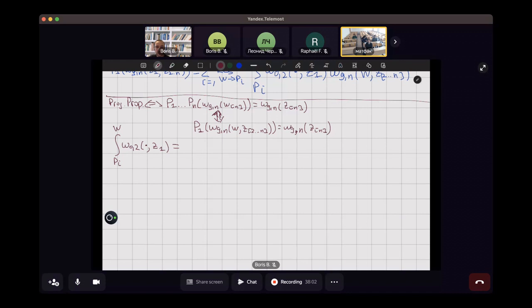Okay, let me say the following. If we already know, let me for one moment say that we know already that this projection property is equivalent to the statement that omega gens have no poles except at the points p1, etc., pn.